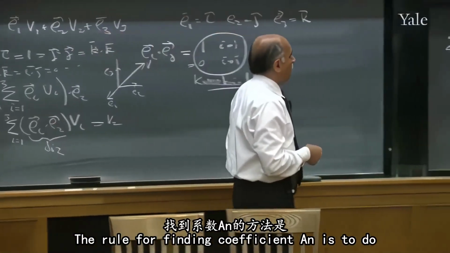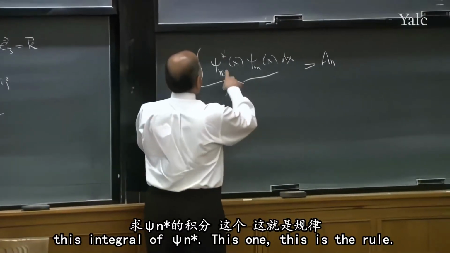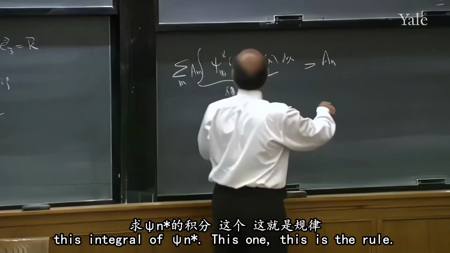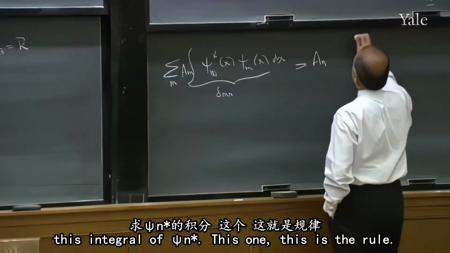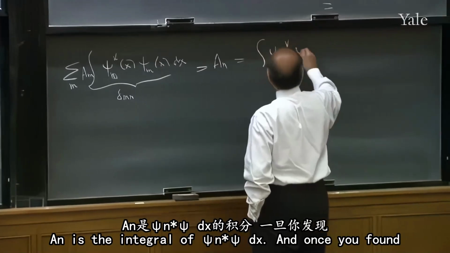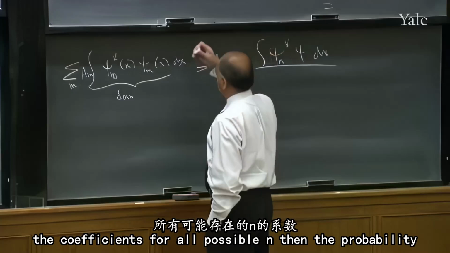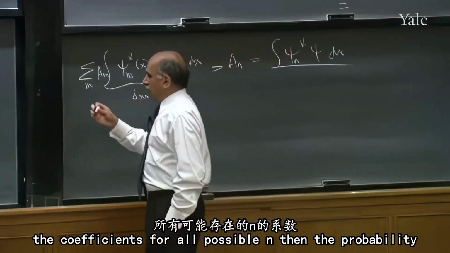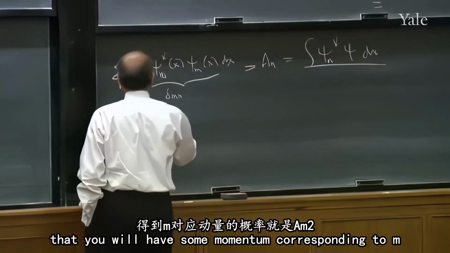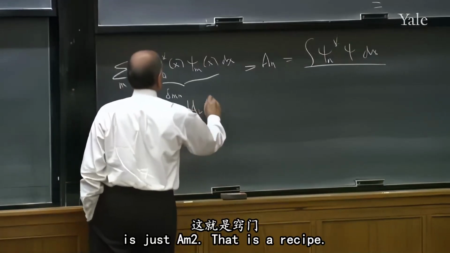The rule for finding coefficient a sub n is to do this integral of psi n star psi dx. And once you have found the coefficients for all possible n, then the probability that you will have some momentum corresponding to m is just am squared.